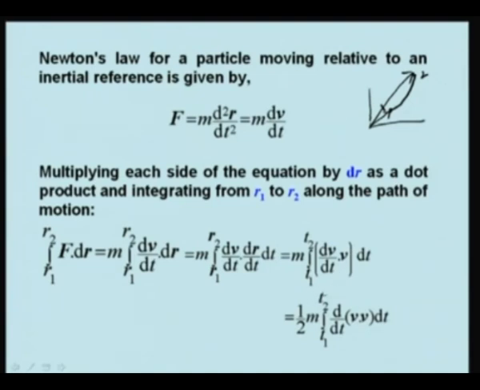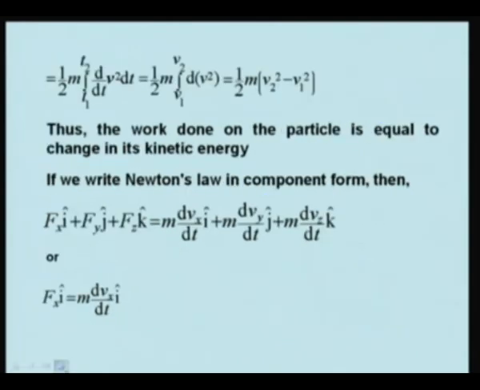This is equal to half m integral t1 to t2 of d by dt (v dot v) dt, where the product rule of vector calculus has been used, that is d by dt (v dot v) is equal to v dot dv by dt plus v dot dv by dt. Which gives you half m integral t1 to t2 of d by dt (v dot v) dt.